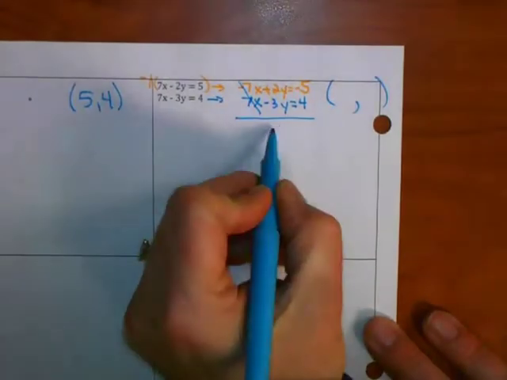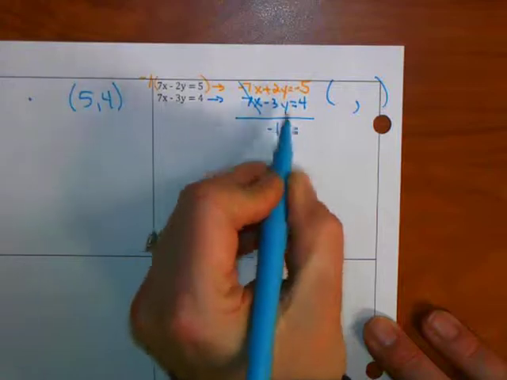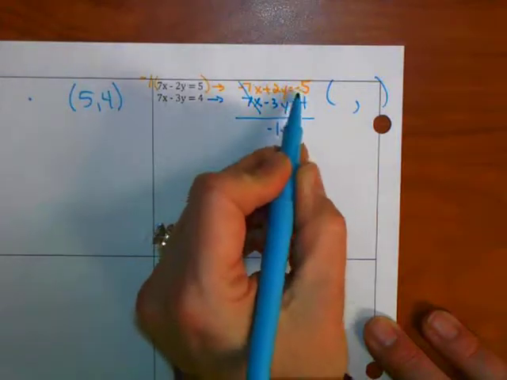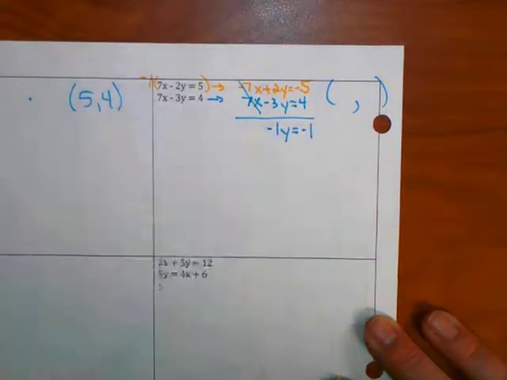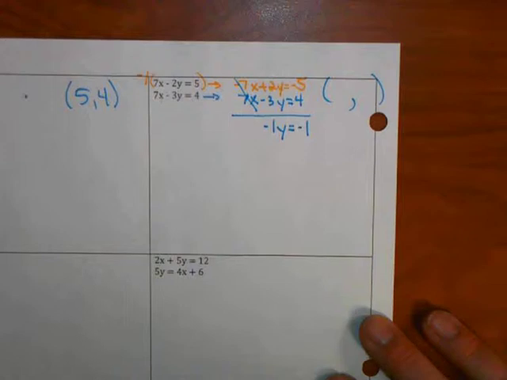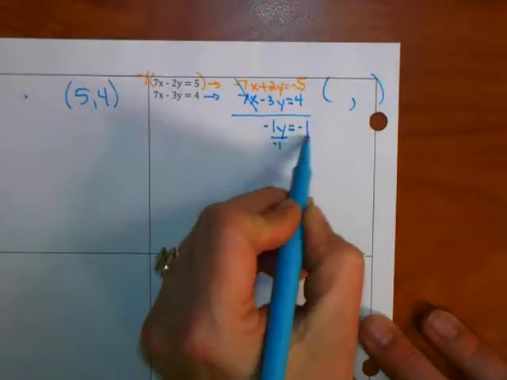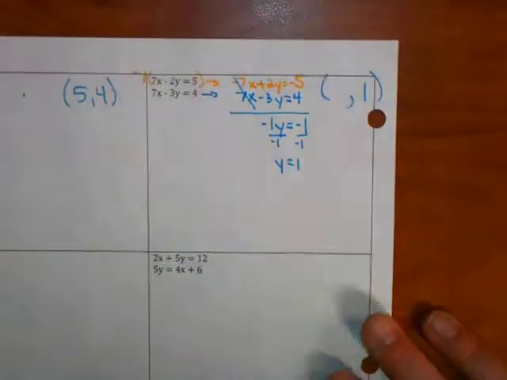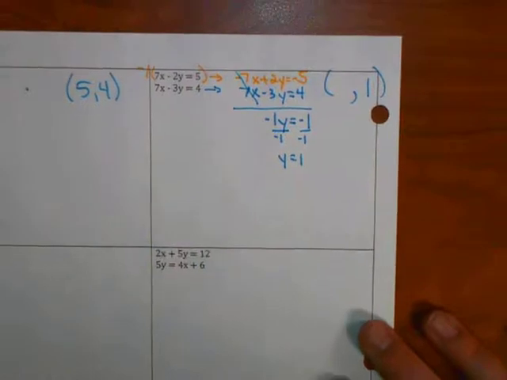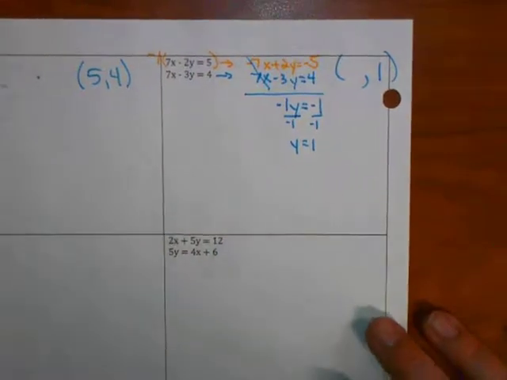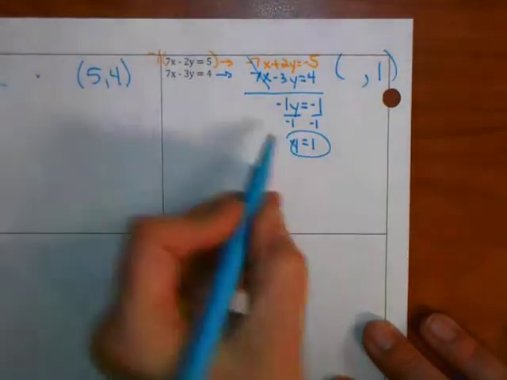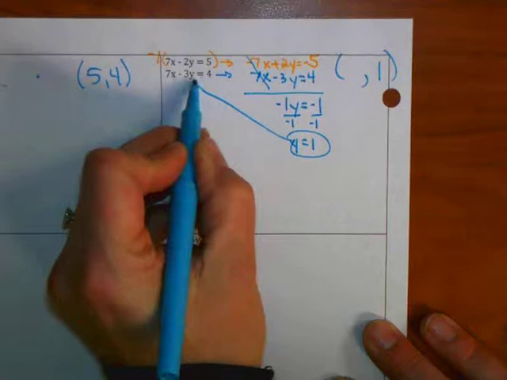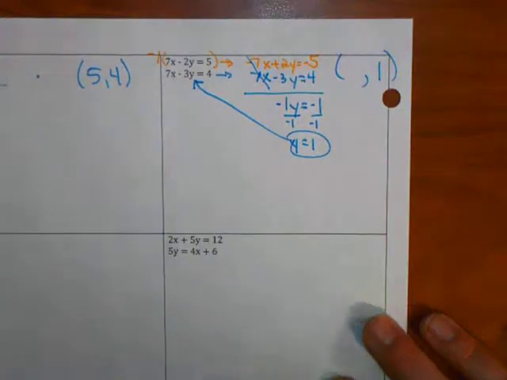2y, take away 3y, gives me negative 1y. Negative 5, add 4. And y equals 1. Y equals 1. Okay, let's plug it into, it doesn't matter which one. I'll plug it into the second one again. It doesn't really make too much of a difference.